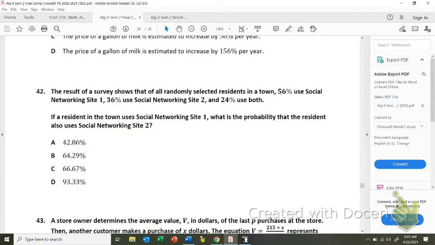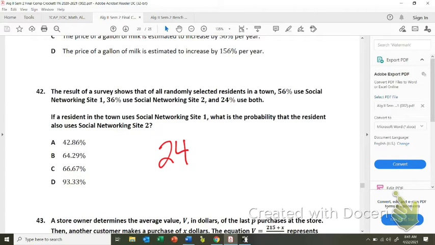Overall, we're trying to figure out that they use social networking site 2, basically. What is the percentage that they're using both? 24%. That's my total. That's what they're dealing with.